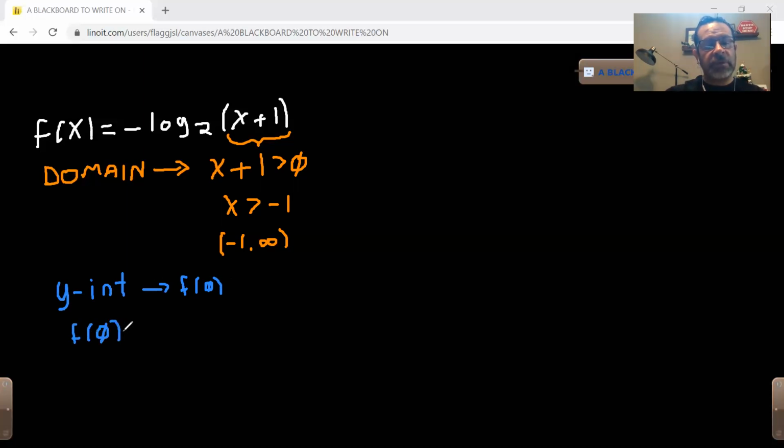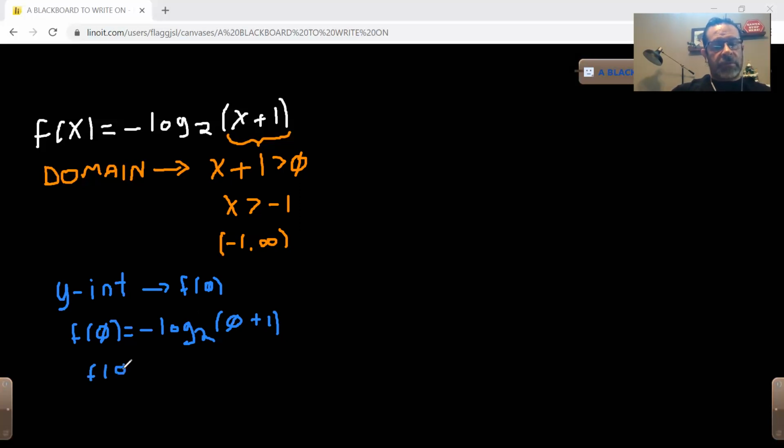So f of 0 is equal to minus logarithm base 2 of 0 plus 1, which is minus logarithm base 2 of 1.